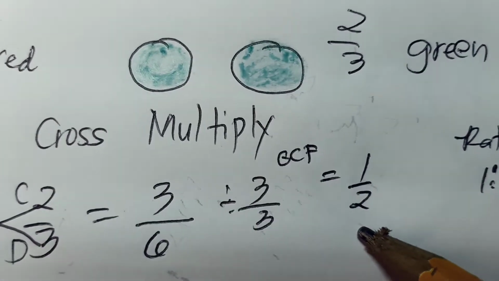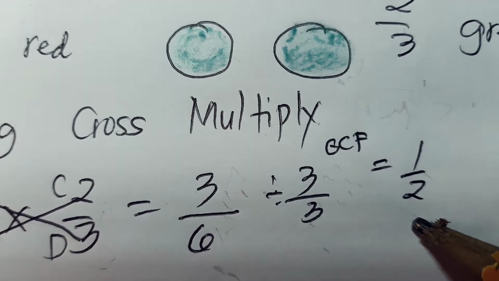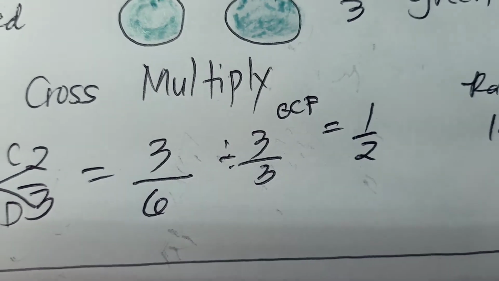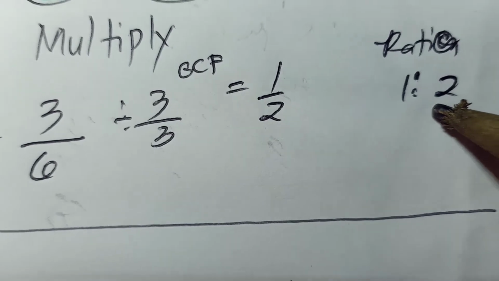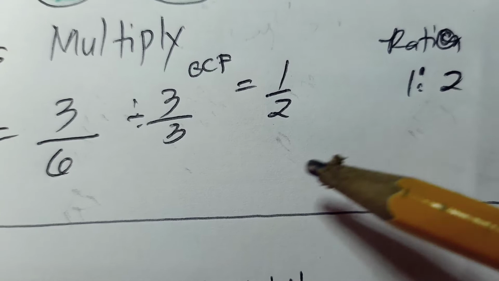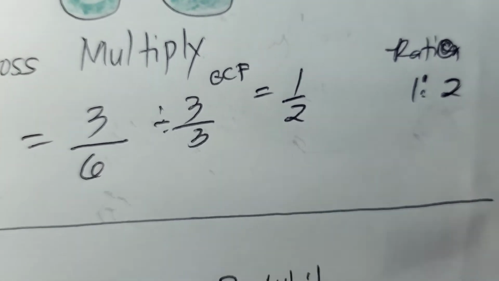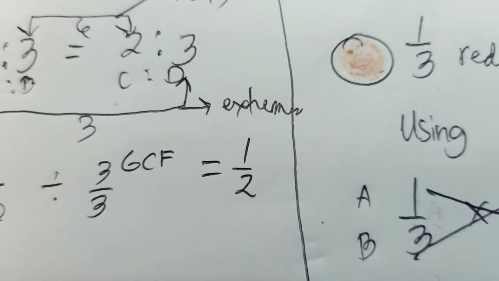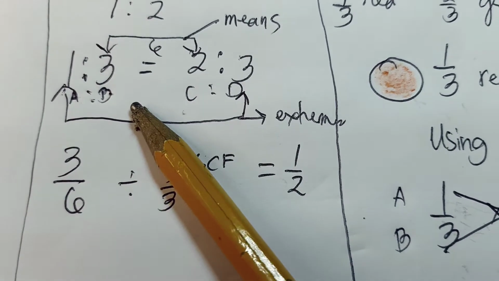Can we change 1/2 to ratio? Yes or no? Yes, we can change 1/2 into ratio by writing first the numerator 1, using the colon, two dots, and writing 2, which is our denominator. Understand? And we can also use the extremes and means. 1/3 equals 2/3.